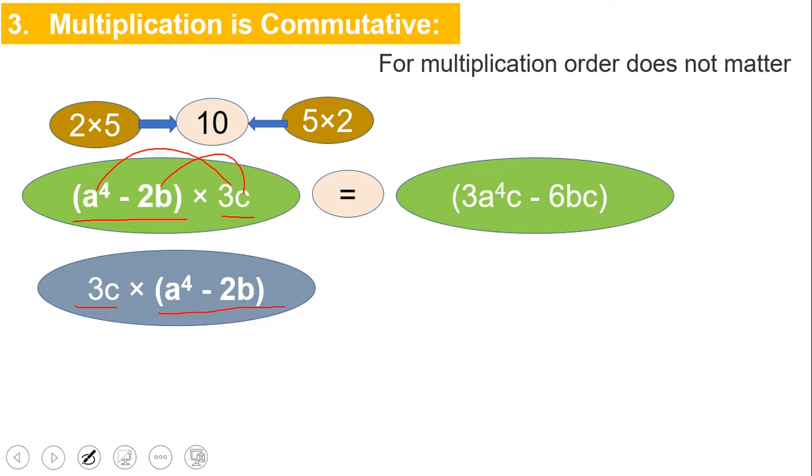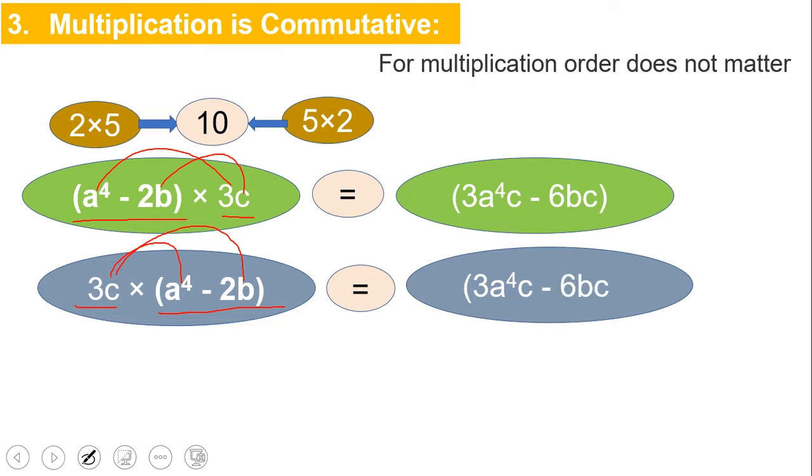Is that clear? Now this is one answer. Now what is the answer of 3c into a to the power 4? That is 3a to the power 4 c, and 3c into 2b, that is 6bc. So we will get here, these are equal. Okay, and therefore these are equal. Is that clear?